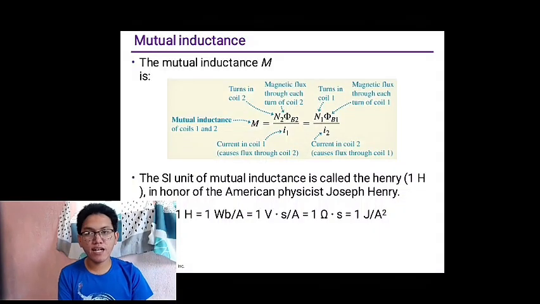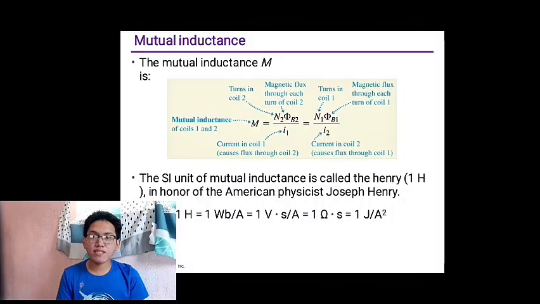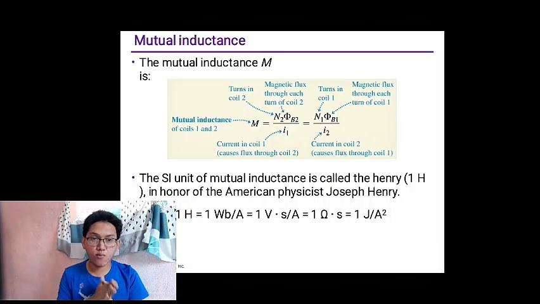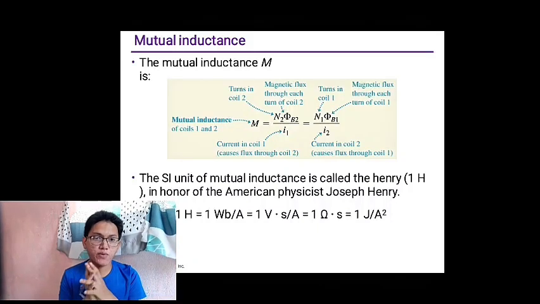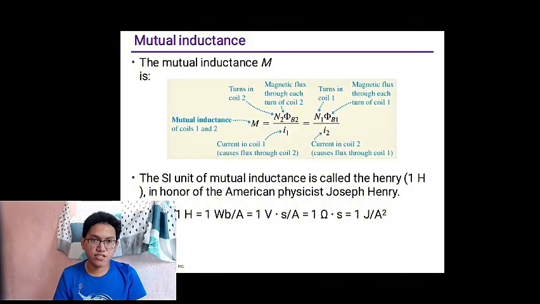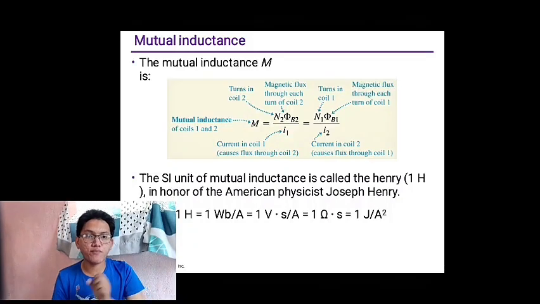The EMF sub 2 is equal to negative M, which is the mutual inductance measured in henrys, times the rate of change of current in coil 1, dI sub 1 over dt. When a formula has d in it, it means a change. I'll discuss it later if we have a sample problem.